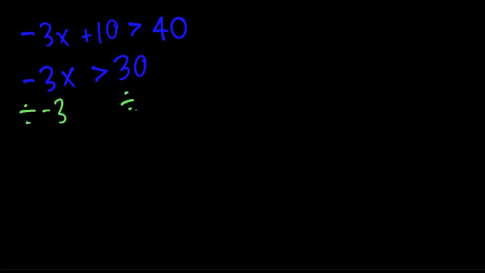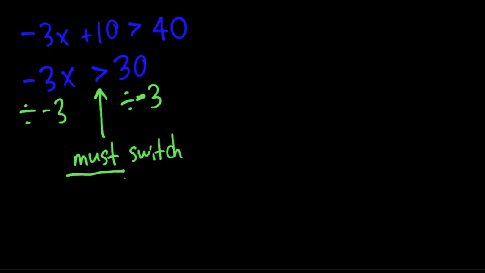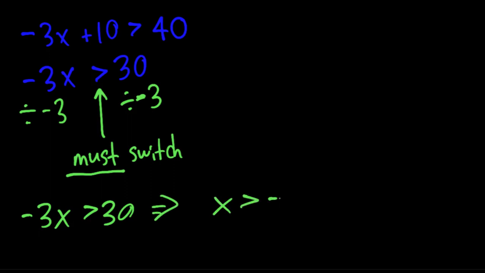But whenever you're dividing or multiplying by a negative number, remember that you must switch the sign, which means that if it's a greater than sign before, it will become a less than, and if it's a less than before, it'll become a greater than. So in this case, it's not going to stay as minus 3x is greater than 30, which would be x is greater than minus 10.